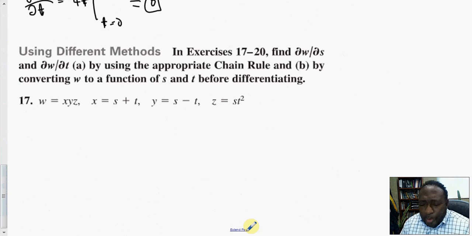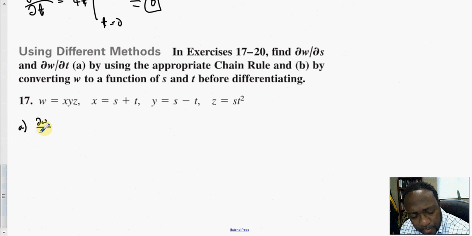Here, find the partial of w for exercise 17. Find the partial of w with respect to s and the partial of w with respect to t by using the appropriate chain rule, and then part B by converting w to a function of s and t before differentiating. So part A, find the partial of w with respect to s.